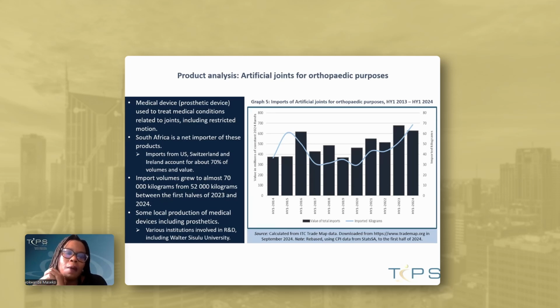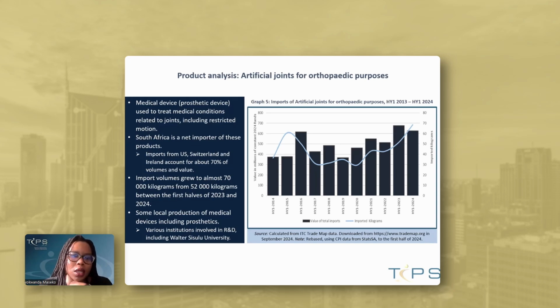South Africa generally has a small medical devices industry, although there is some local production. For this particular good, we trade as a net importer, with the bulk of the products coming from the US, Switzerland, and Ireland.